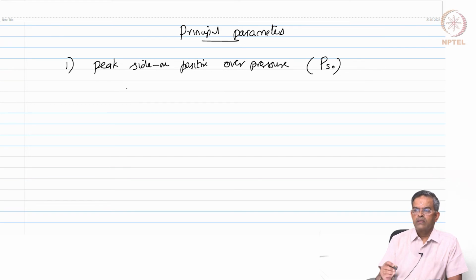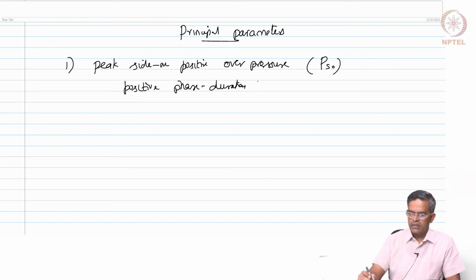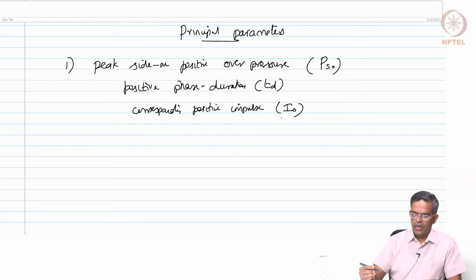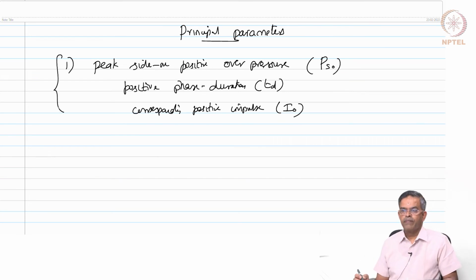The second is positive phase duration, indicated as TD, and the corresponding positive impulse indicated as I0 is one set of data.